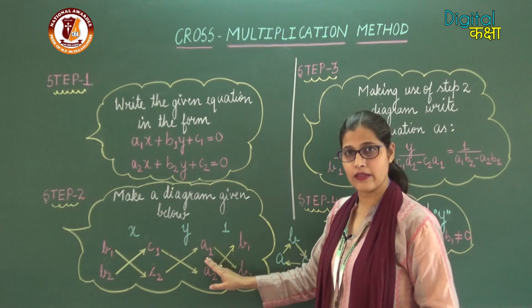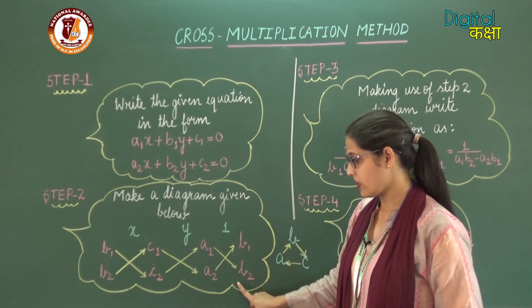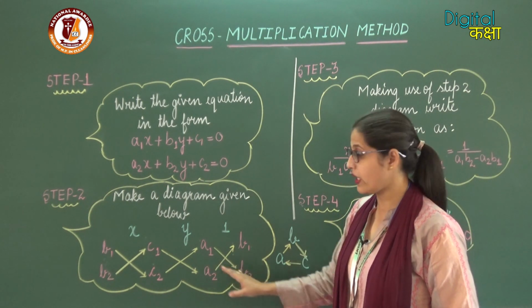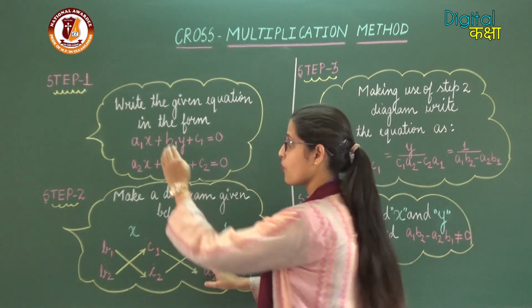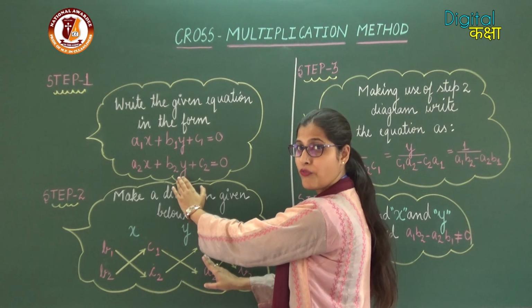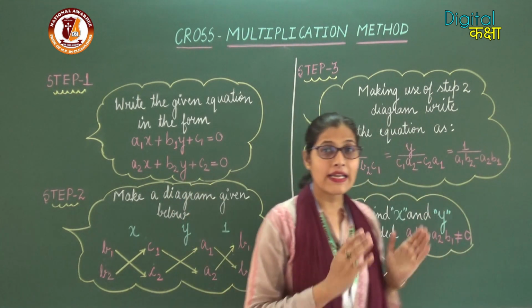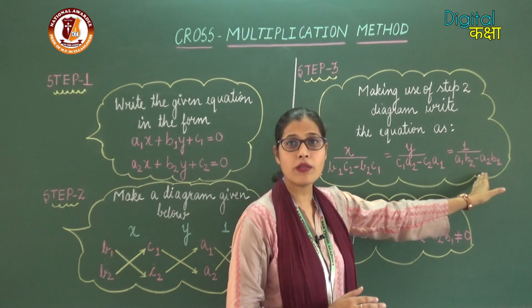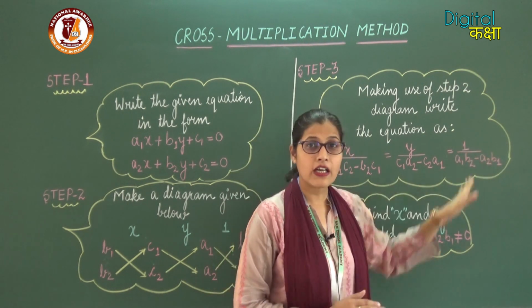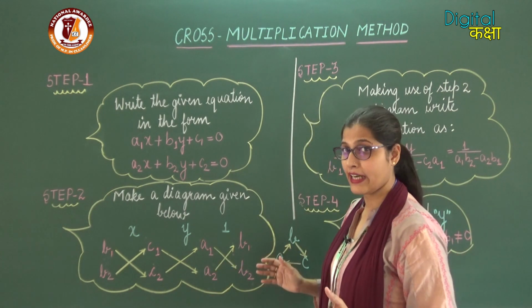As you can see here, we will be multiplying A1 with the term B2, where A1 is the coefficient of x and B2 is the coefficient of y. Then we will be placing a minus sign after A1B2, and then again we will be generating the term from the given diagram.